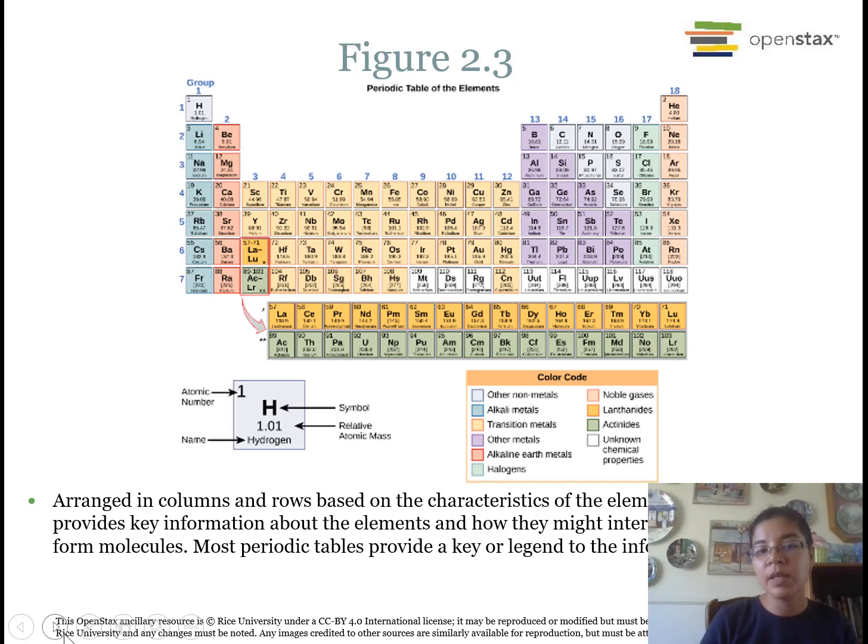If group 1 has one electron in its valence shell, group 2 has 2, group 3 has 3, etc. Carbon, which is located in group 4, has 4 valence electrons in its valence shell. If we go all the way to group 7, these have 7 electrons in their valence shell. So you can see the pattern of their characteristics and how they're arranged, and that will help you know how they form bonds together.